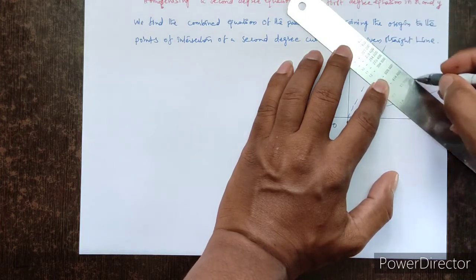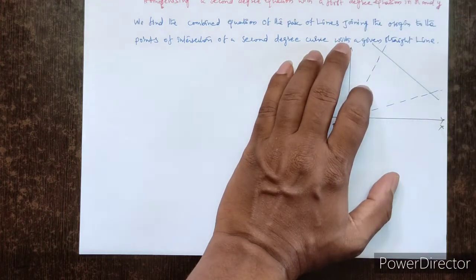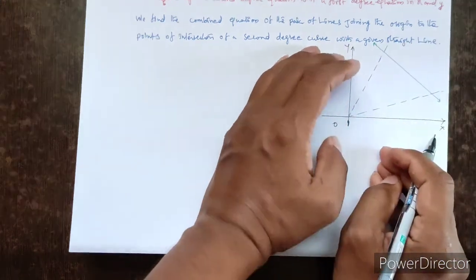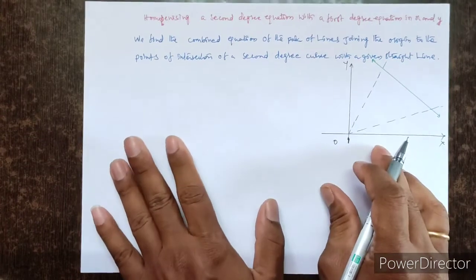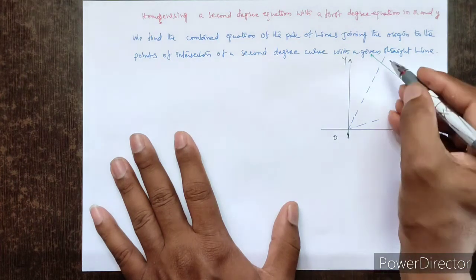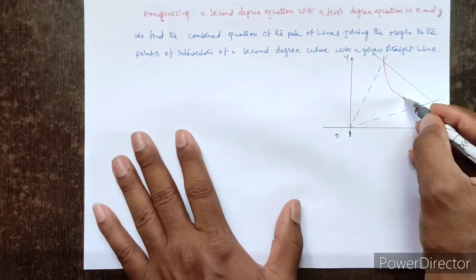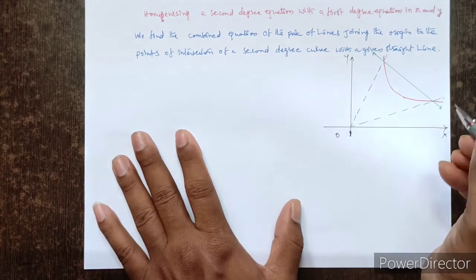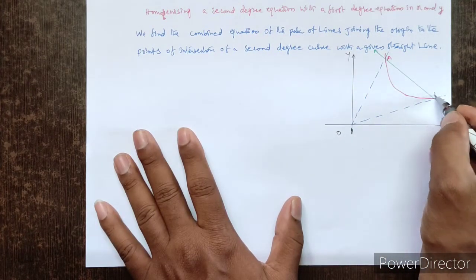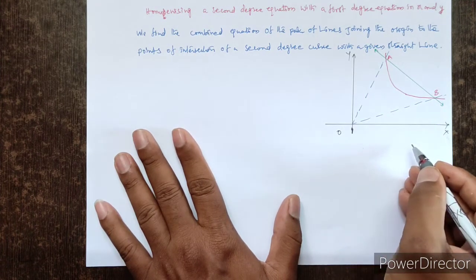This is the given line, the given straight line, a first degree equation. This is the curve. This is the point of intersection A, and this is point B, the points of intersection of the second degree curve.